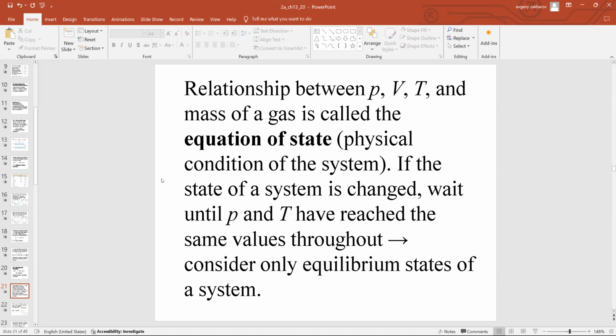But if you go deep into thermodynamics, you will see all sorts of differential equations for the actual processes of change in between different parameters. So only the initial and the final conditions, that's what we'll be looking at. And the process of a change will just wait till we hit the equilibrium, not something in between.